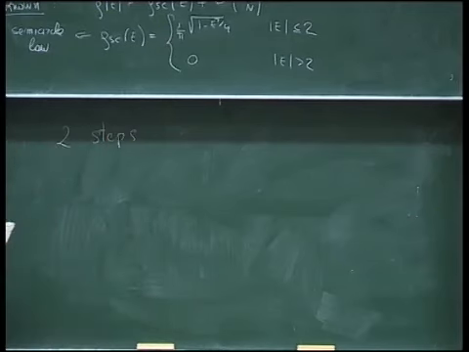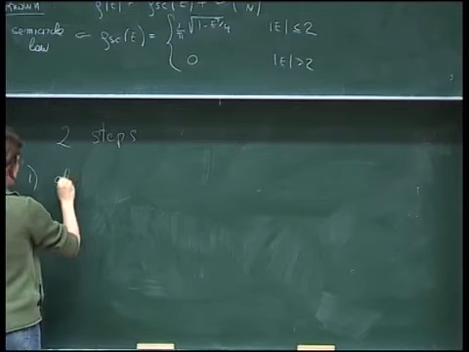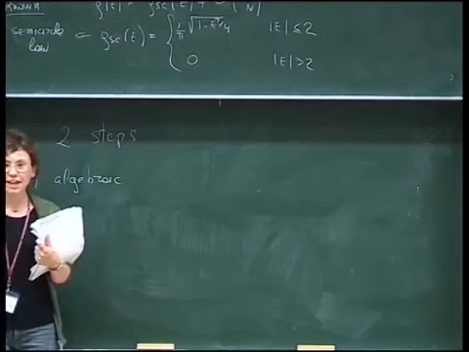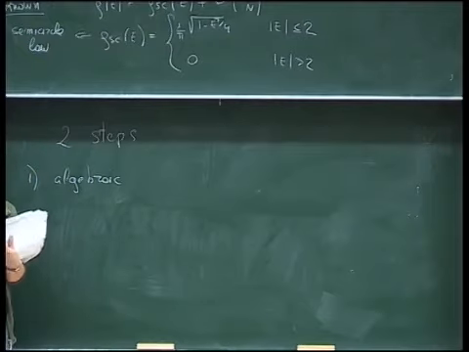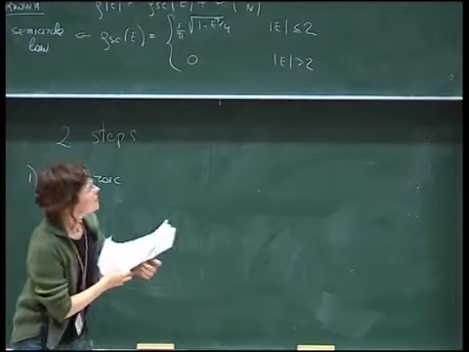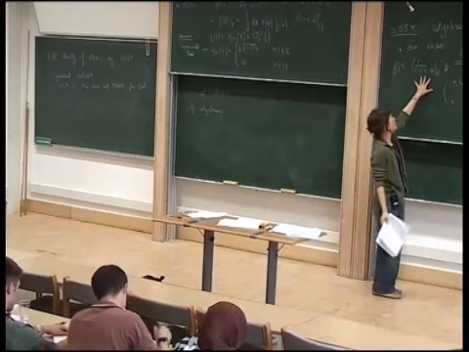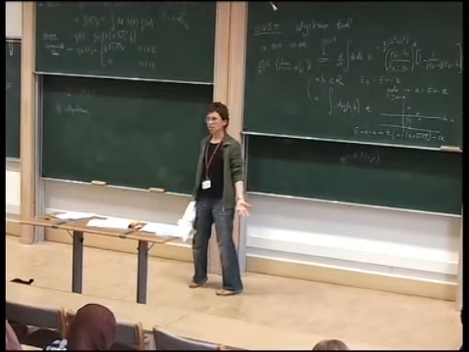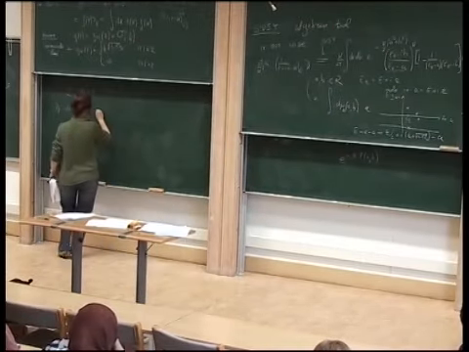The first step is more algebraic. And this is a change of representation. This means that you rewrite this expression as an integral where you can do saddle point analysis.